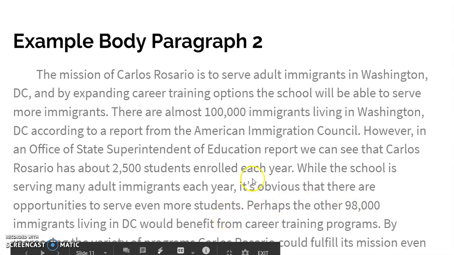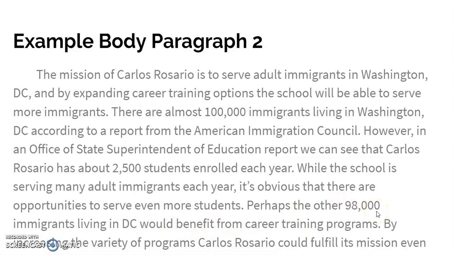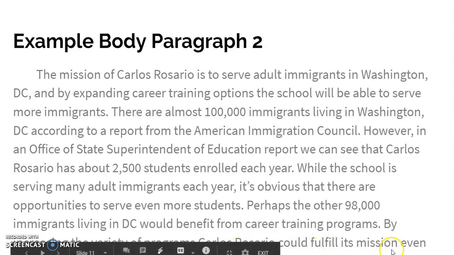Perhaps the other 98,000 immigrants living in DC would benefit from career training programs. By increasing the variety of programs, Carlos Rosario could fulfill its mission even more. But these 3 sentences explain why this evidence supports the topic sentence.